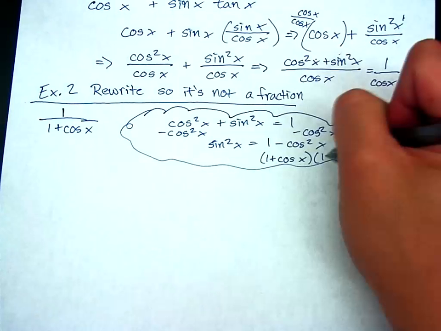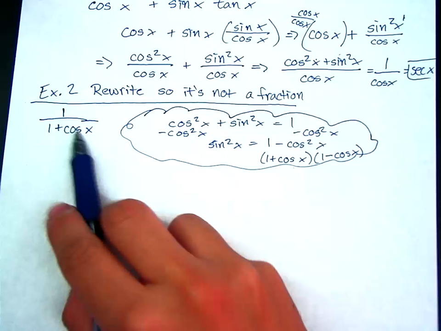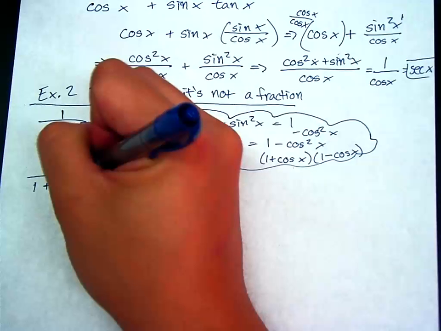This is exactly what I wanted because 1 plus cosine of x is already here. Which means if I incorporate this into this expression, I'm going to be able to get this complicated little denominator to become something more simple, like sine squared of x. So just like I did earlier, I'm going to multiply this term by something to change its denominator, and I'm going to multiply it by 1 minus cosine of x.